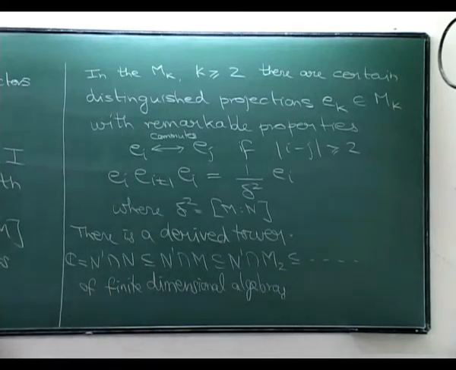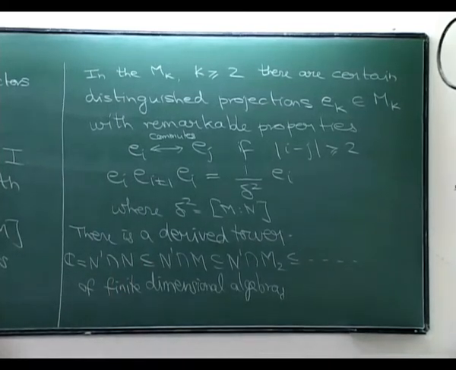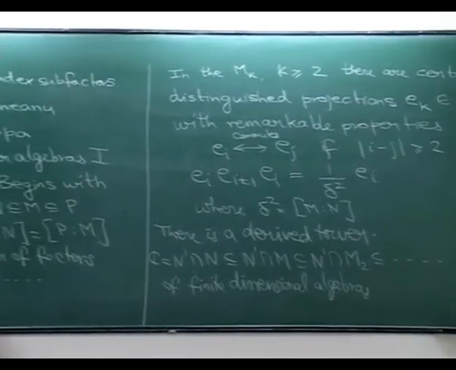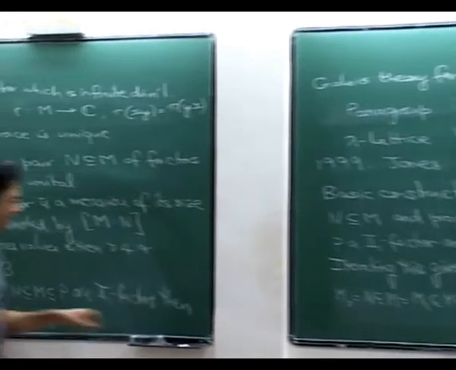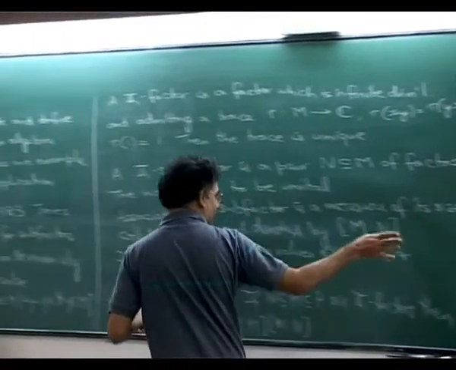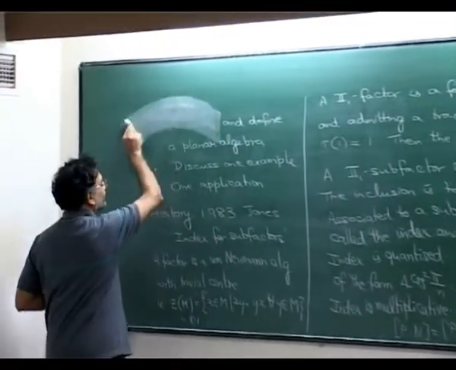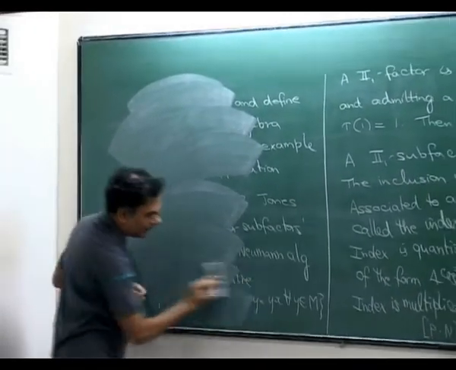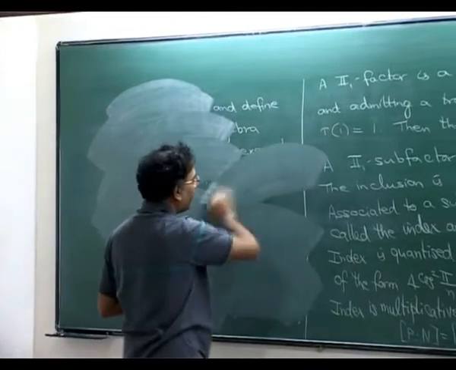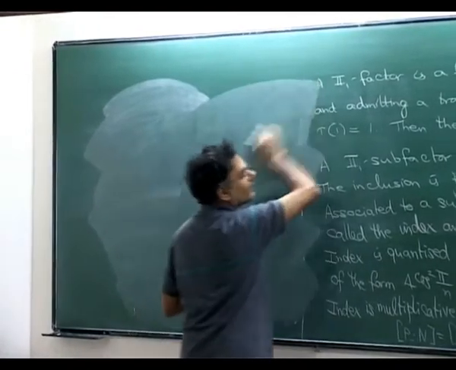Okay, that is much for the history. Now, nothing of what I said is going to be used. This is only for motivation, so that you know why we are going to study planar algebras. It's because they arise in the context of subfactors. But the definitions, on the other hand, are completely self-contained and make no reference to any analysis.